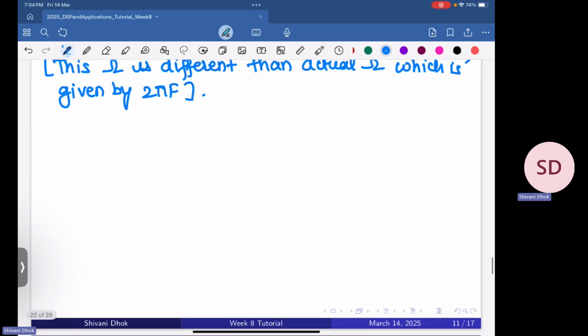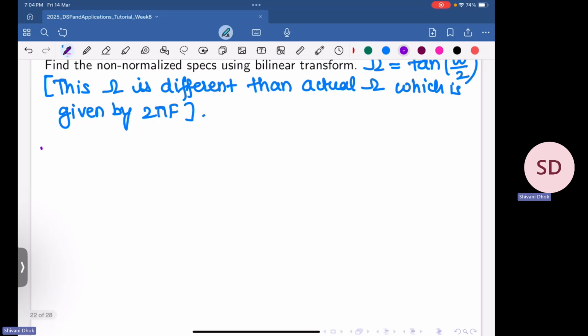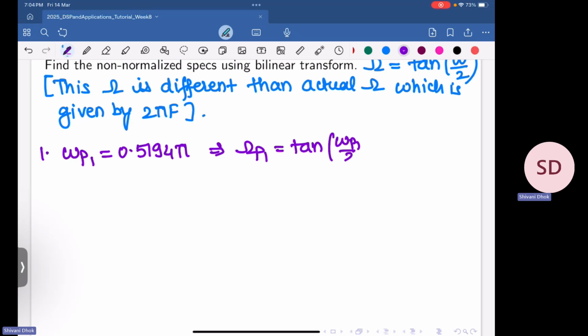So now let us do that. First thing we'll do it for omega p1. So we have little omega p1 as 0.5194 pi, which means that capital omega p1 is tan of omega p1 by 2. If we solve it, we'll have to substitute little omega p1 inside the tan function. So when we solve it using calculators, we get 1.0629.